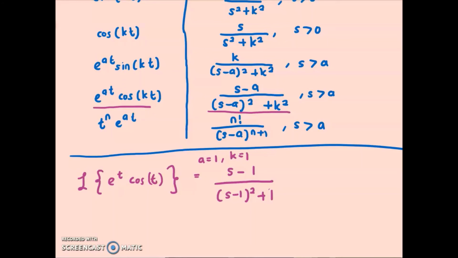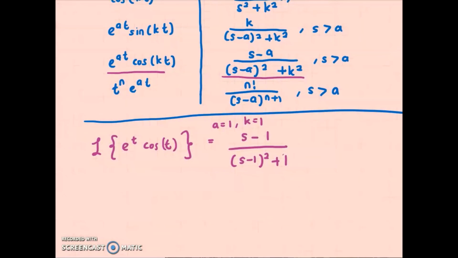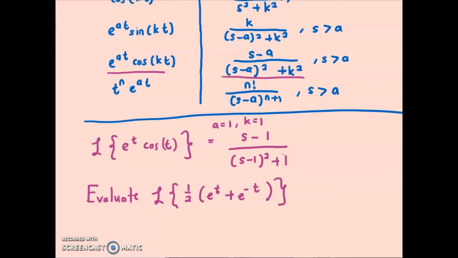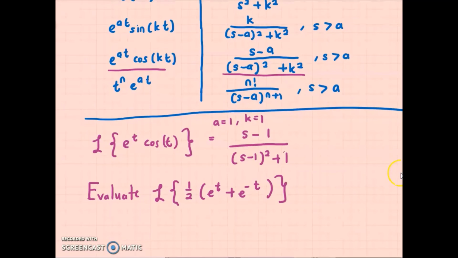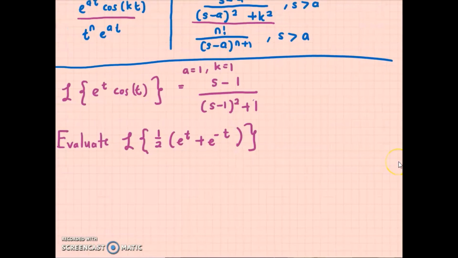Okay, now we can also have other simplifications from the table. Let's look at one more example. Let's say evaluate the Laplace transform of half of (e to the t plus e to the negative t). If you have a question like this, you can use some of these nice Laplace properties, so you don't have to use the integral.